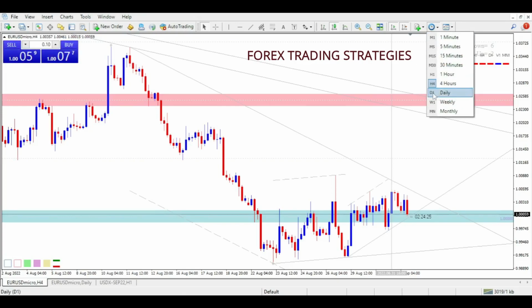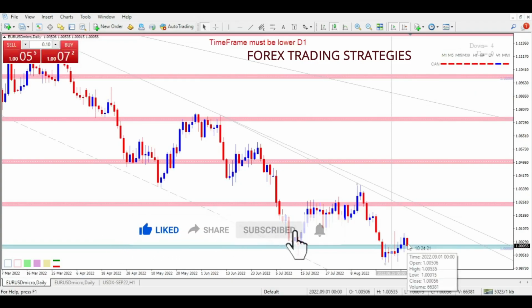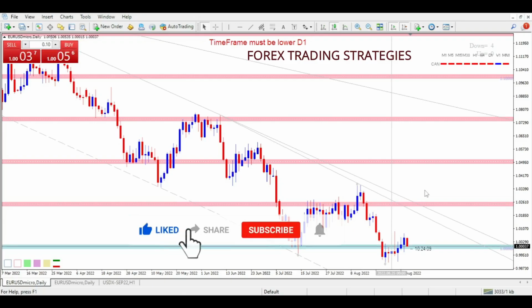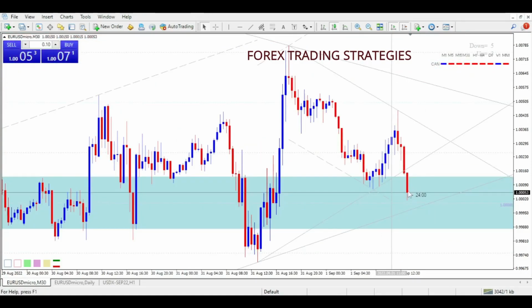If you say you trade using the daily time frame, you must certainly wait for this daily candle to close before you decide on whether the market is going to break through and go down or it's going to push up. You get the sense? Whatever time frame that you are trading, the candle must close before you make a decision.